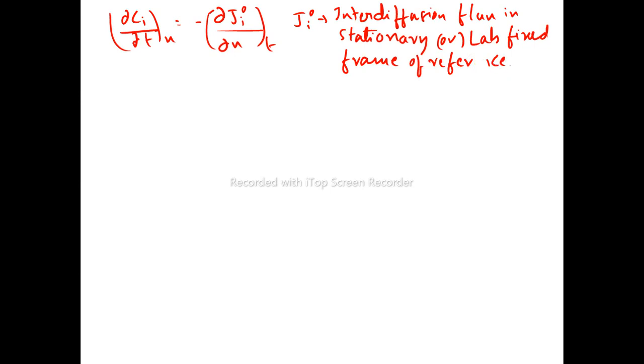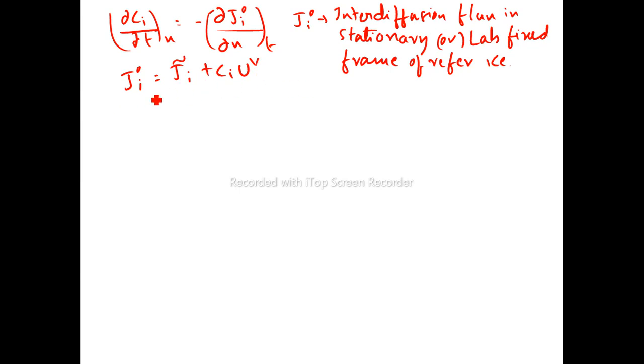Okay, then we know from the previous lecture, ji naught is equal to ji tilde plus ci into uv.